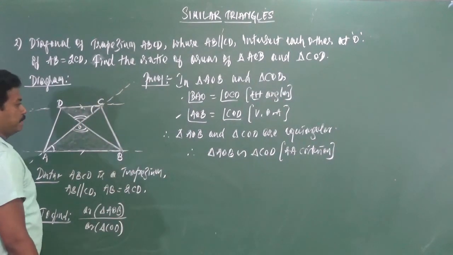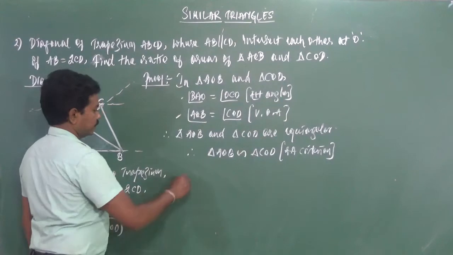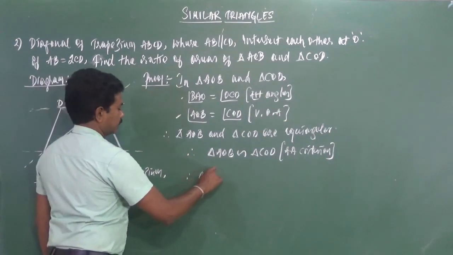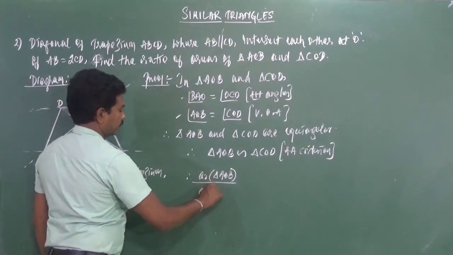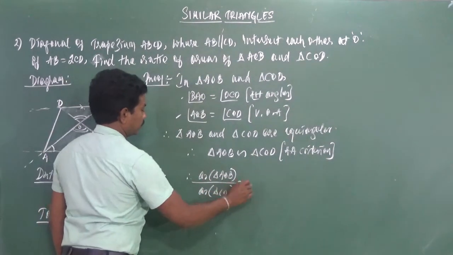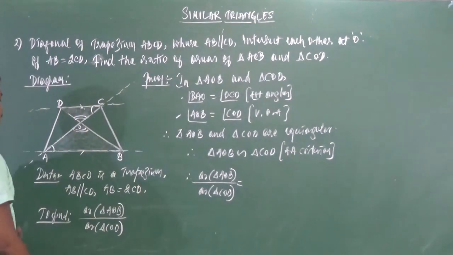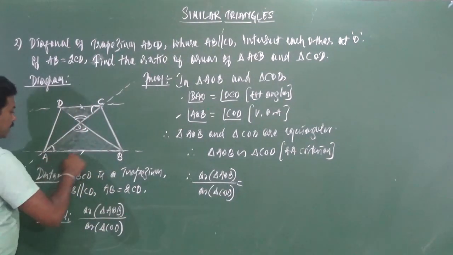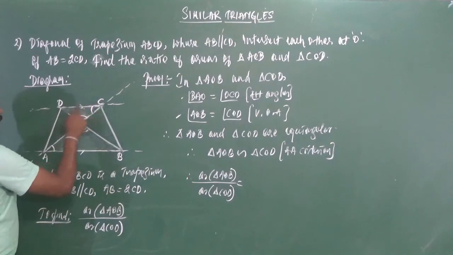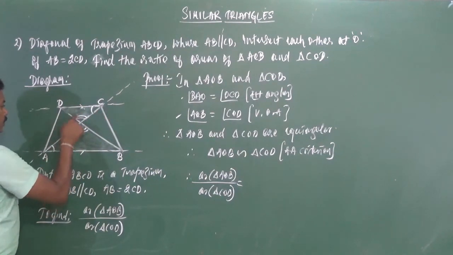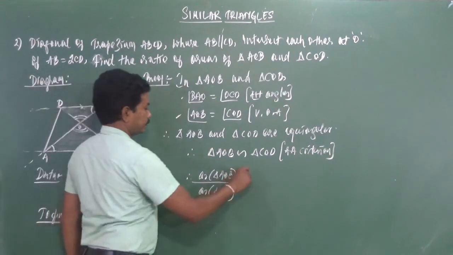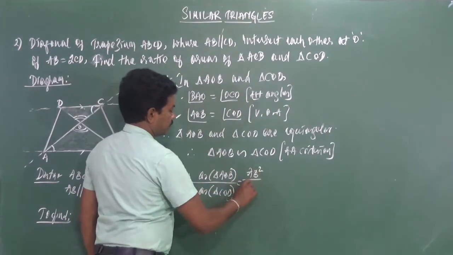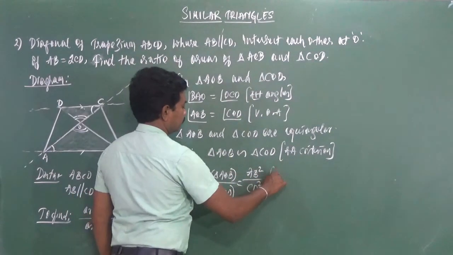Now we can apply the areas theorem. Area of triangle AOB by area of triangle COD is equal to the square of the corresponding sides. In triangle AOB we take AB, and in triangle COD we take CD, because AB is opposite to one angle and CD is opposite to the corresponding angle. So it is AB square by CD square.